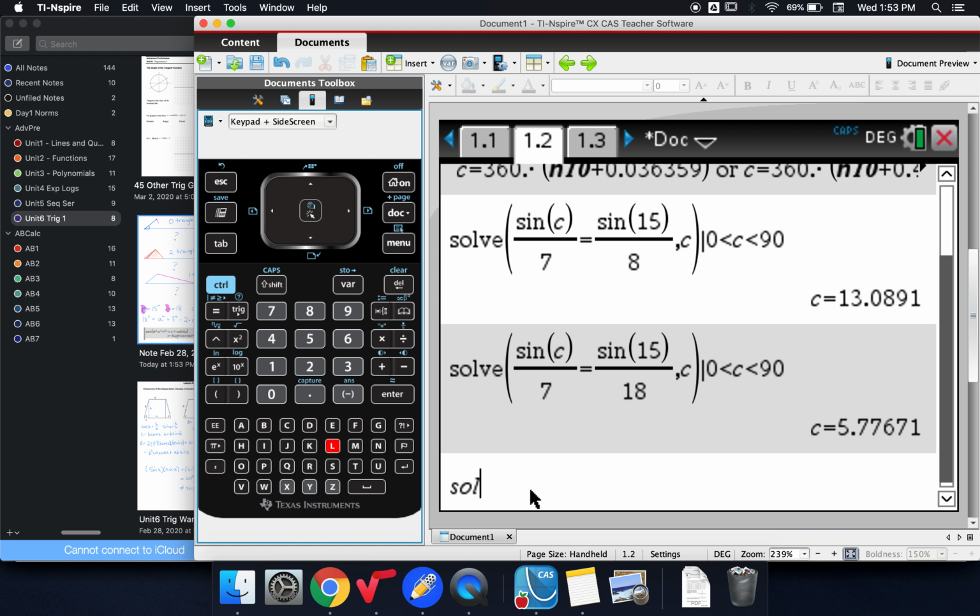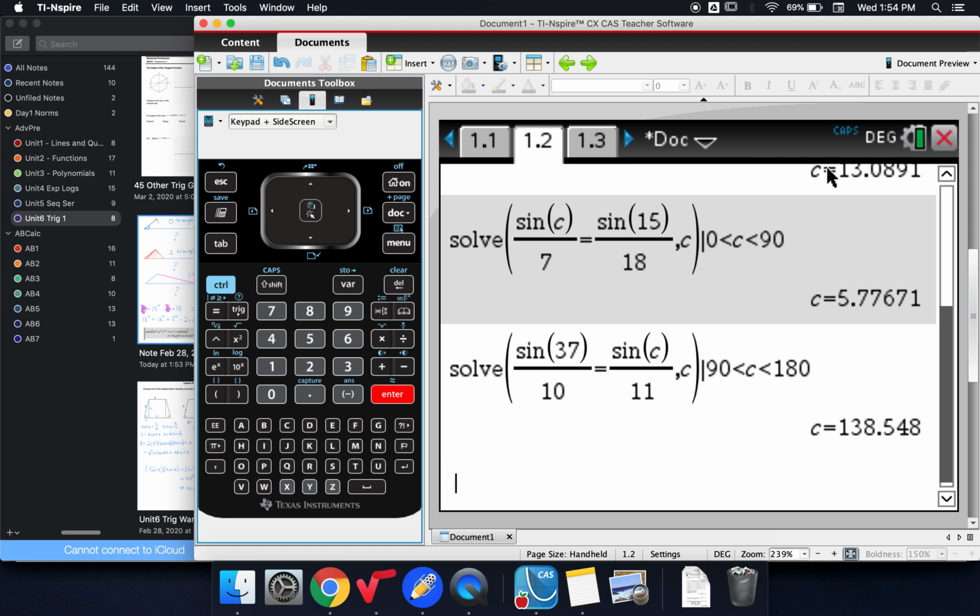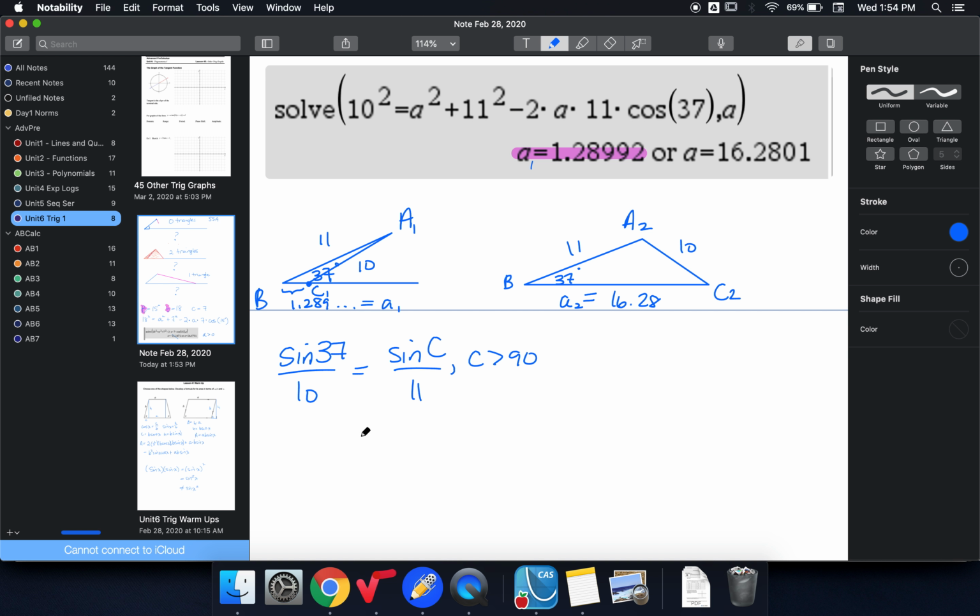I'm going to solve sine of 37 over 10 equals sine of C over 11, solving for C. And this time I'm saying 90 less than C less than 180. So we have to give it both values, or else you're just going to get the repeating solution like we had up here. All right, C is 138.55 degrees, approximately.